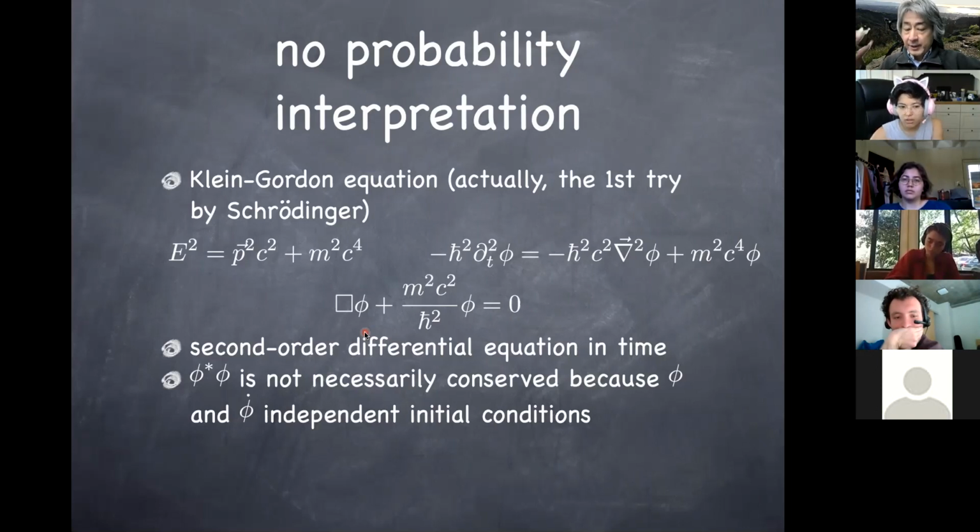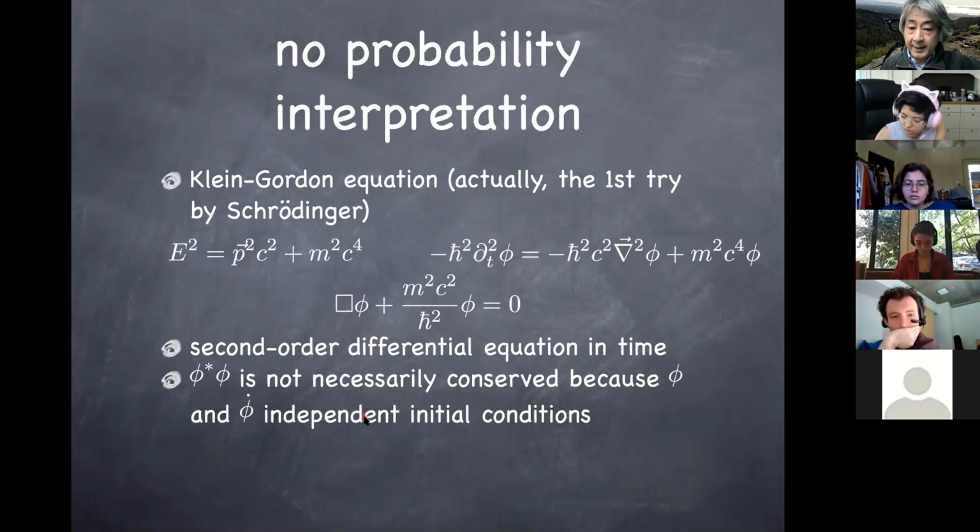Because the equation of motion is a second order differential equation, we have to specify two initial conditions, namely initial position and initial velocity. The same deal here: because the Klein-Gordon equation is second order in time, we have to specify two independent initial conditions, namely phi itself and also phi dot.